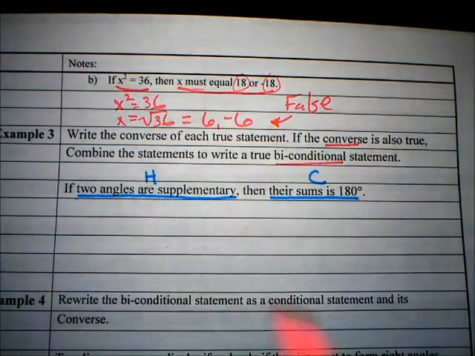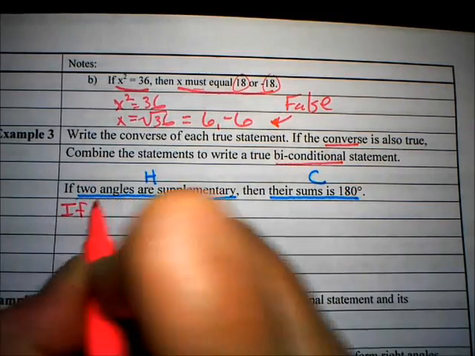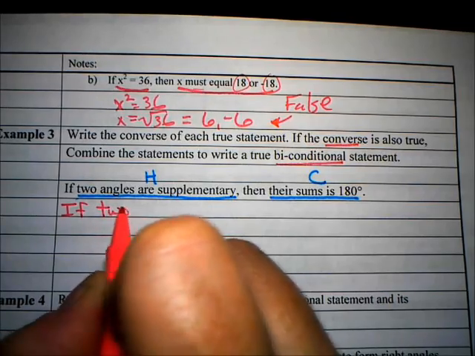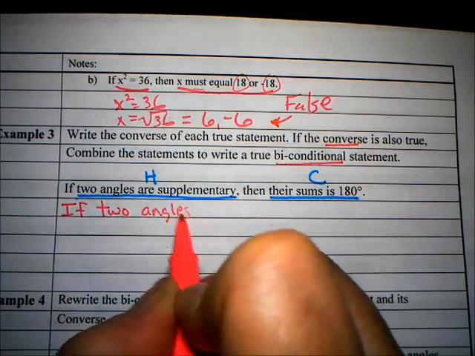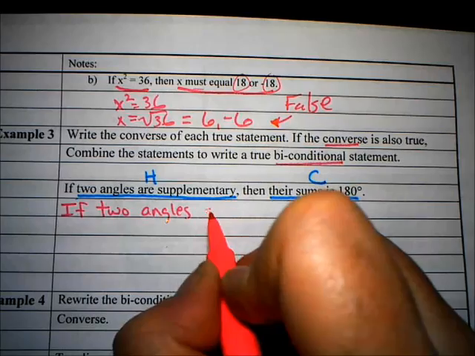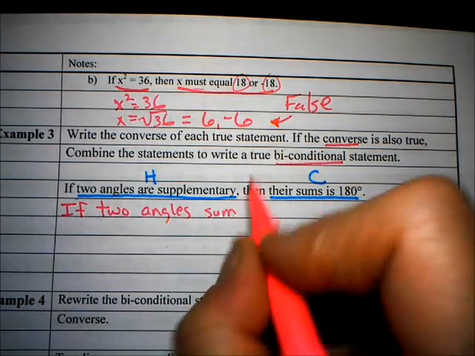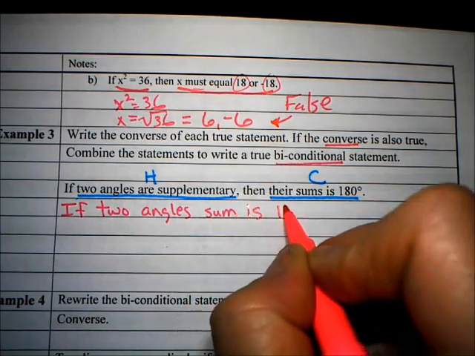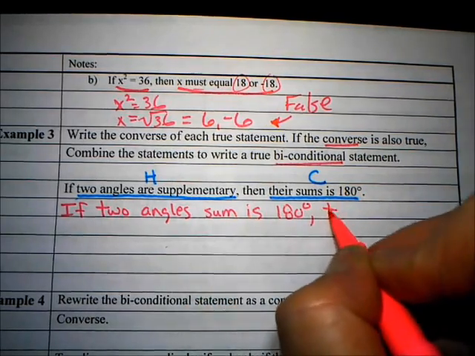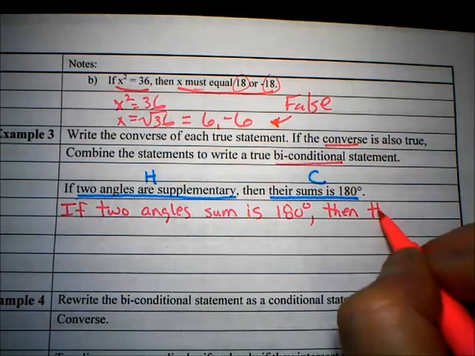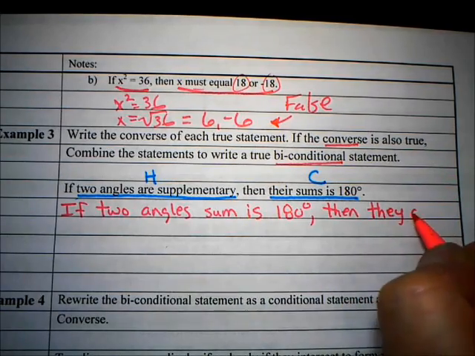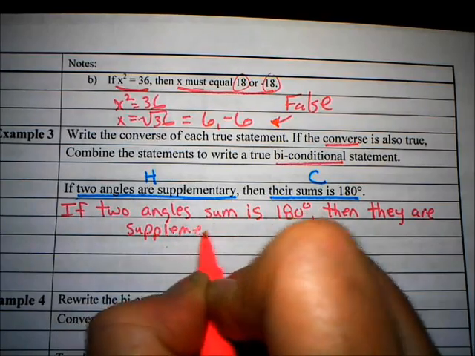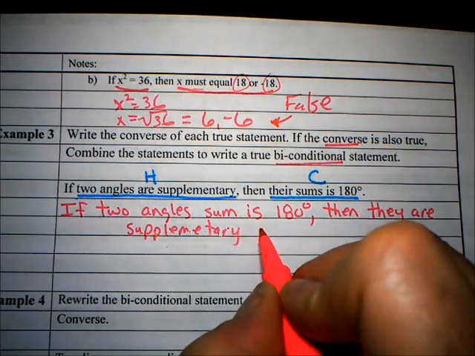So if I write it, that will be: if two angles, I need my subject, two angles' sum is, or sums, 180 degrees, then they are supplementary angles.